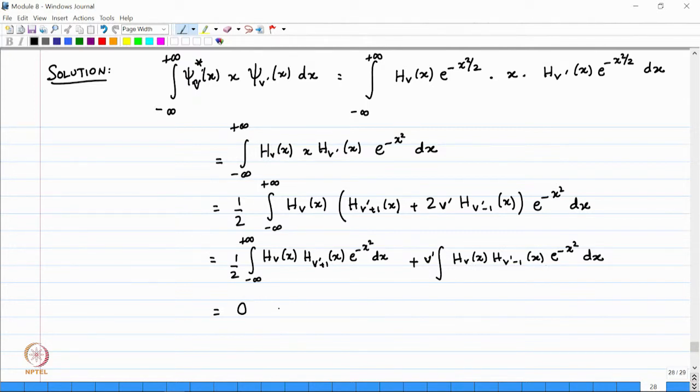This equal to 0 unless v equal to v prime plus 1 or v equal to v prime minus 1. So, the selection rule, I can write v minus v prime is equal to plus minus 1. This is the selection rule.